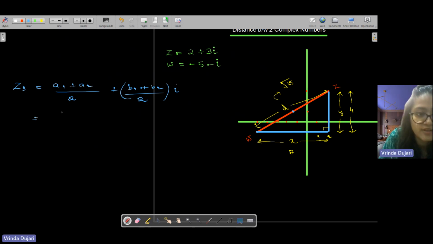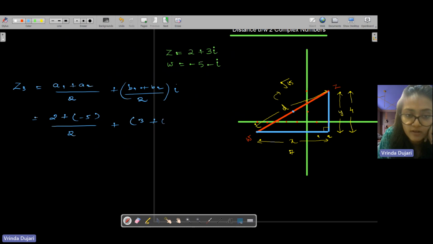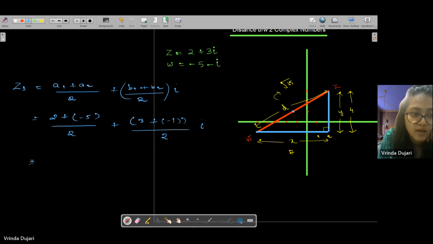So A1 is 2 plus -5 over 2, plus B1 is 3 plus B2 is -1, by 2 times i. So 2 plus -5, that means 2 minus 5, is -3 over 2, plus 3 plus -1, that is 3 minus 1, which is 2 over 2 times i.